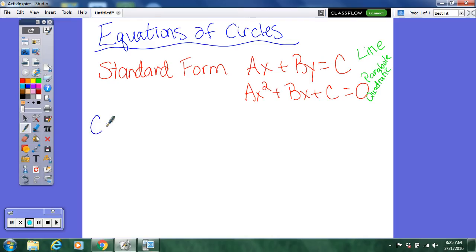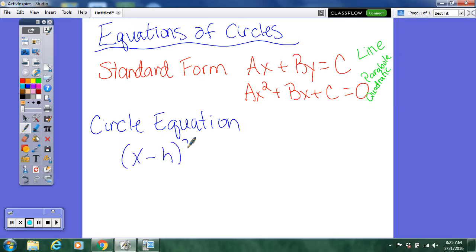So the circle equation, which is the way you want all your equations to be in, you've got x minus h squared plus y minus k squared equals r squared.